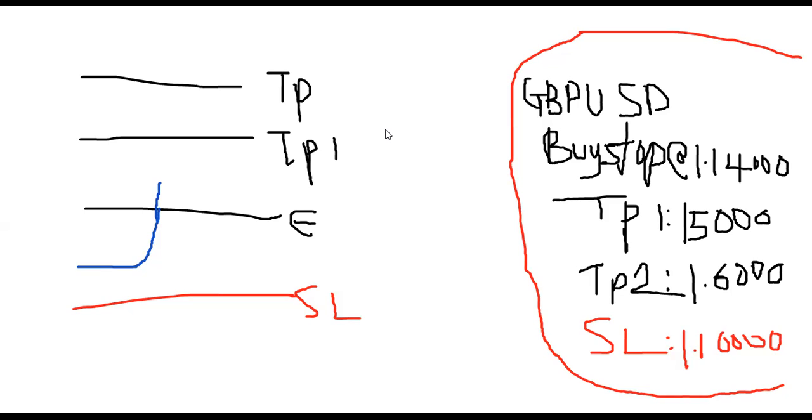Let's say what was assigned to this trade: let's say $5 was assigned to it. Let's say $10 was assigned to it.